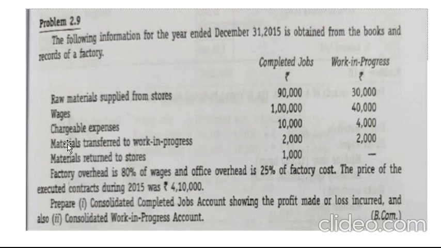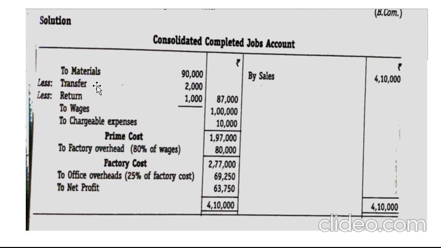Materials transferred to work in progress means that from the raw materials supplied from stores, which is 90,000, 2,000 of material is transferred to work in progress. So from this completed job we need to minus this 2,000 as this material is going out. So here, less transfer 2,000, because this material is being transferred to work in progress.